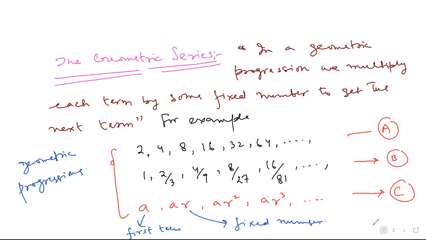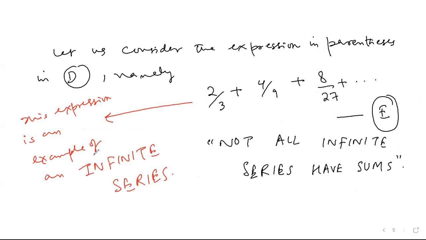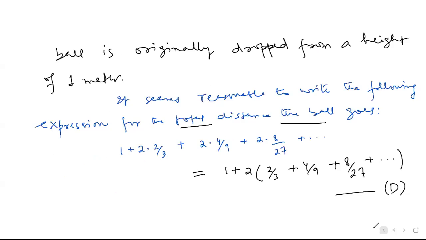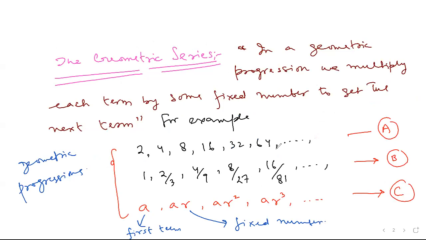I repeat what I said. I said this expression is an example of an infinite series. Then I said not all infinite series have sums. Then I told you that it is visible, you can understand it, that if we form the infinite series using the entries in the progression A, that does not have a finite sum, right?